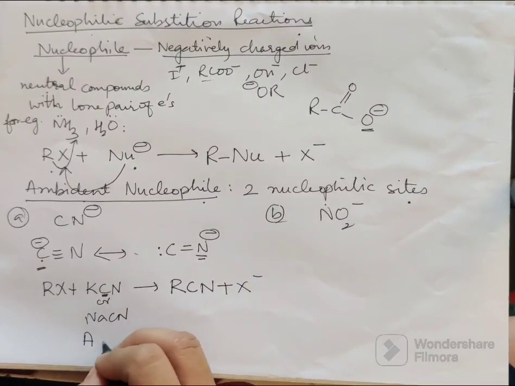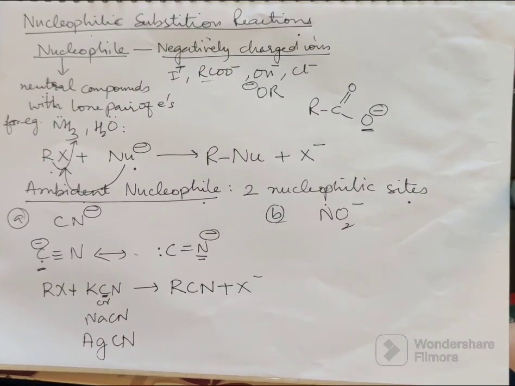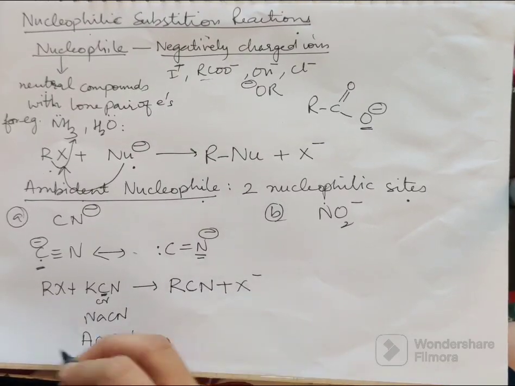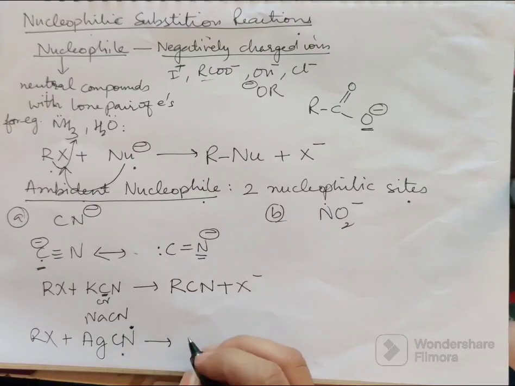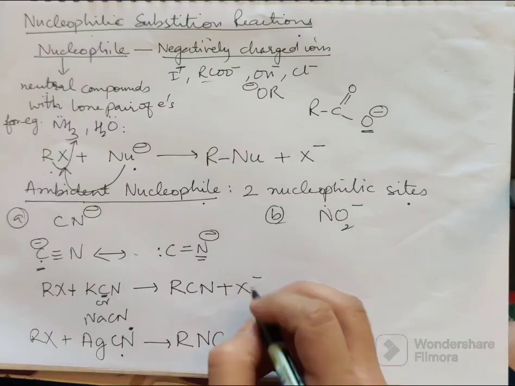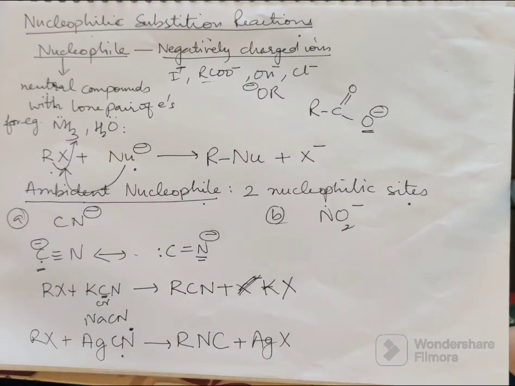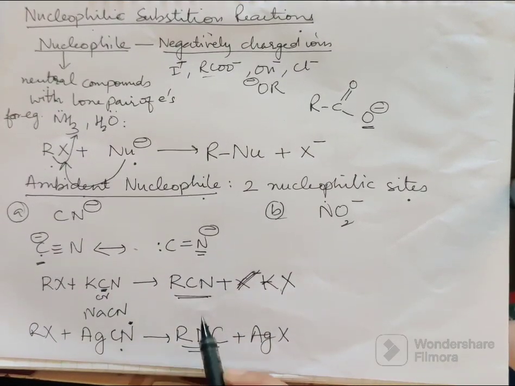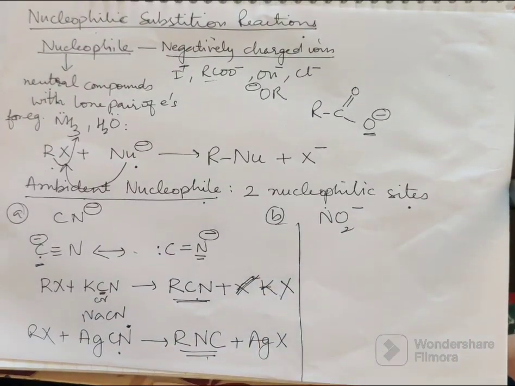But if the reagent is silver cyanide, AgCN, then the attack is through nitrogen and we get RNC plus AgX. Here we'll get KX. So remember that the products formed are very, very different. Nitriles, isonitriles.